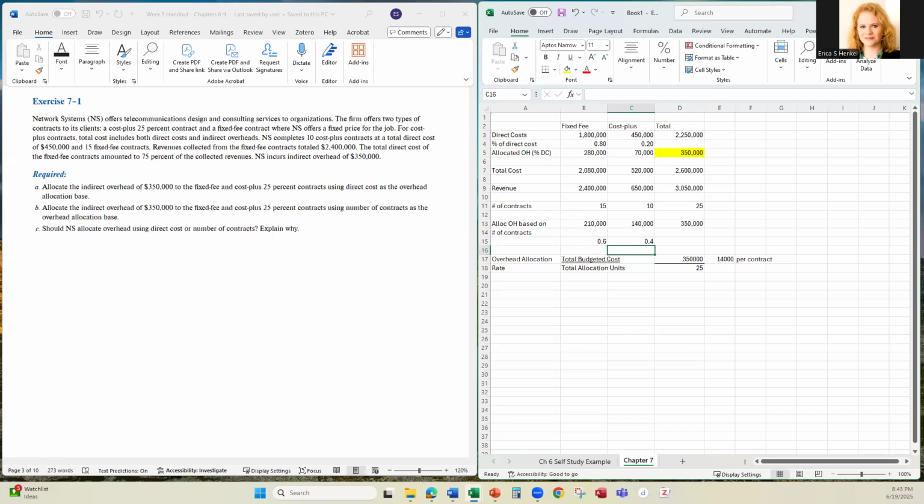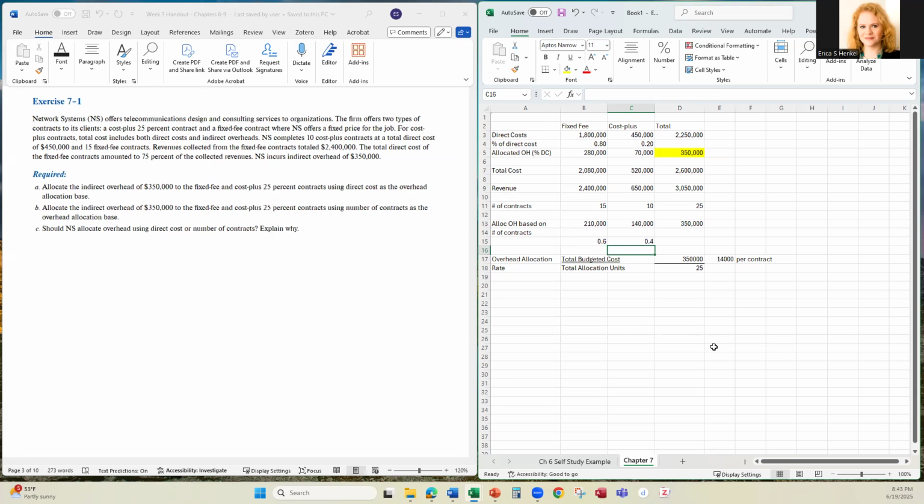Which one ends up working better? Well, you could make arguments back and forth as to which one you think it should be, but which one drives the cost better? Which one actually drives the increase in cost is probably the biggest question you want to ask here.